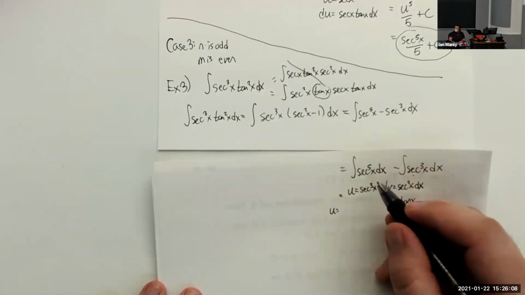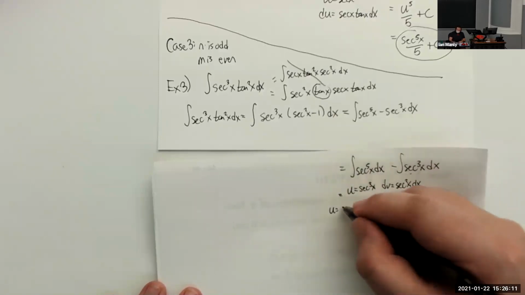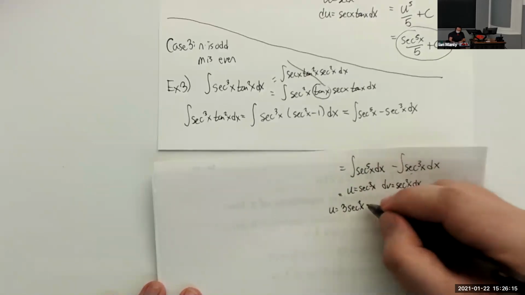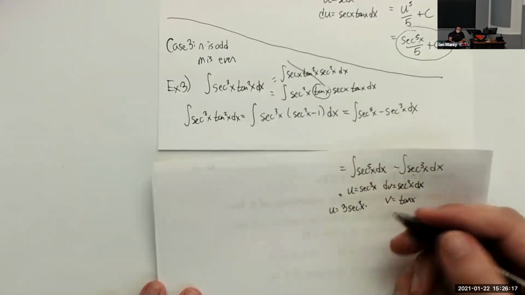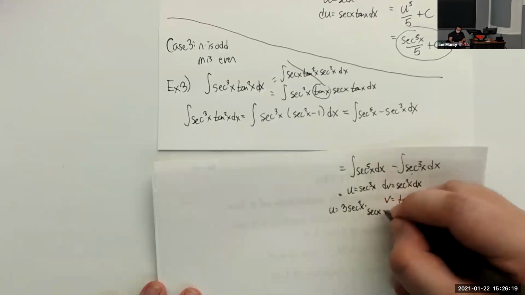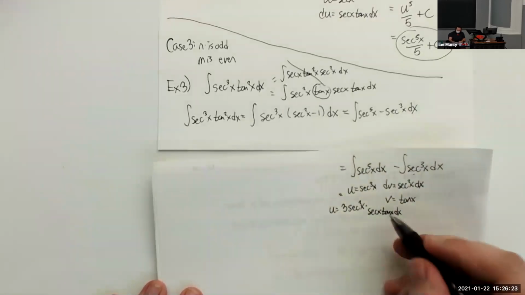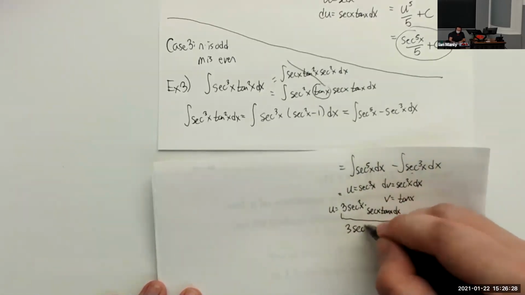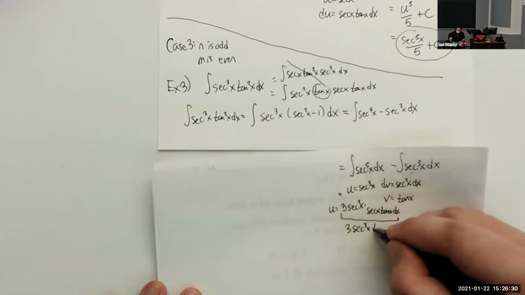So I'm going to do the derivative of something cubed. So I have 3, and then I have the inside squared now. And then I multiply by the derivative of secant, which is secant times tangent. Okay, so then when I combine all of this back together, I have 3 secant cubed of x tangent of x.